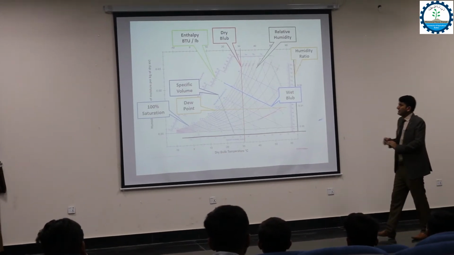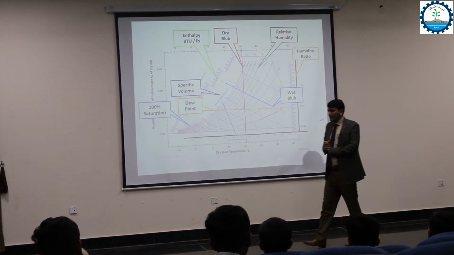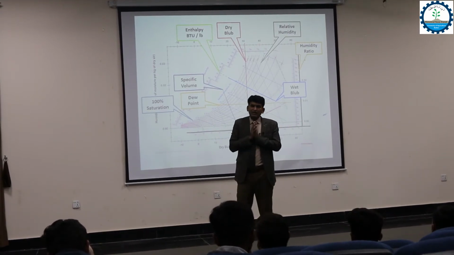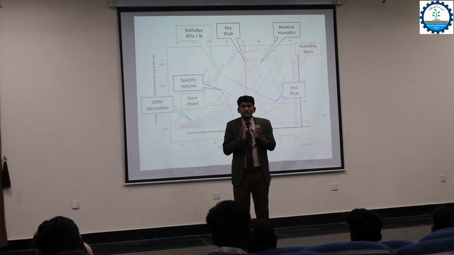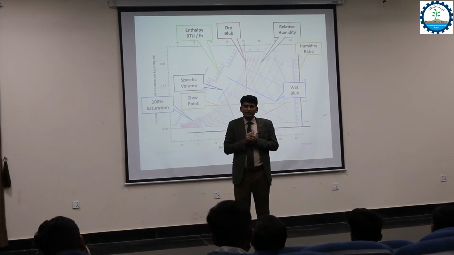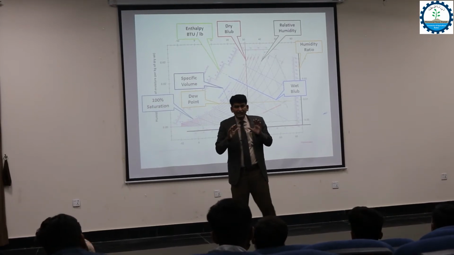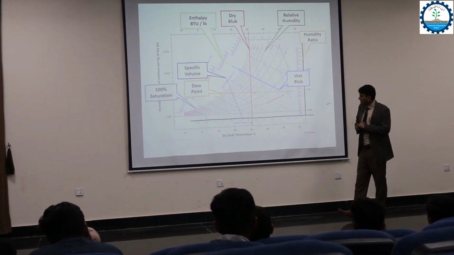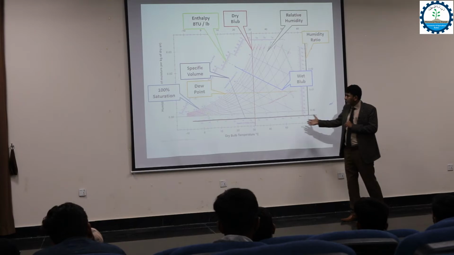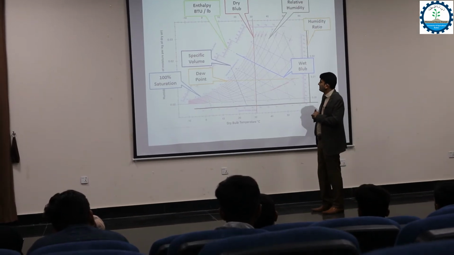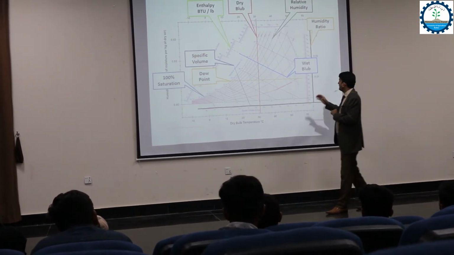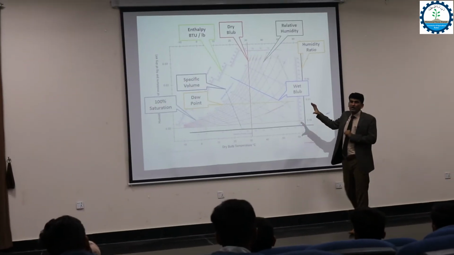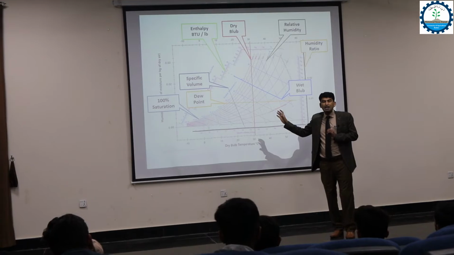So the other objective in today's lecture is how we read and how we use the psychrometric chart. I am showing you in Celsius scale the dry bulb temperature and wet bulb temperature available here, and what the curves are presenting, what variables, what parameters.